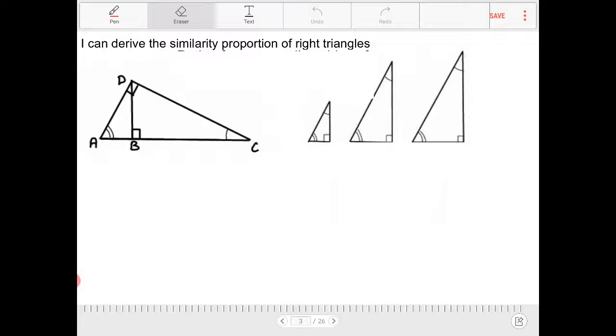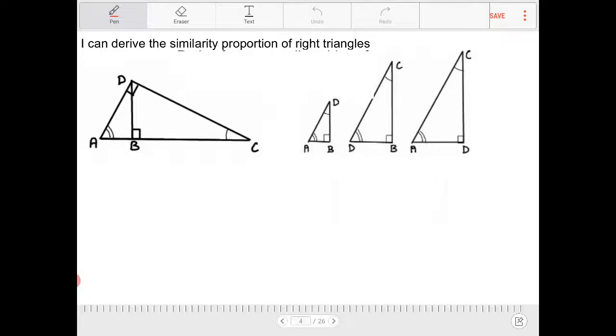And then from there, I have a little easier time in labeling things correctly. So I can see here that the triangles can be labeled in this manner: ABD, then DBC, and finally ADC. Pause the video to see if you can verify this.